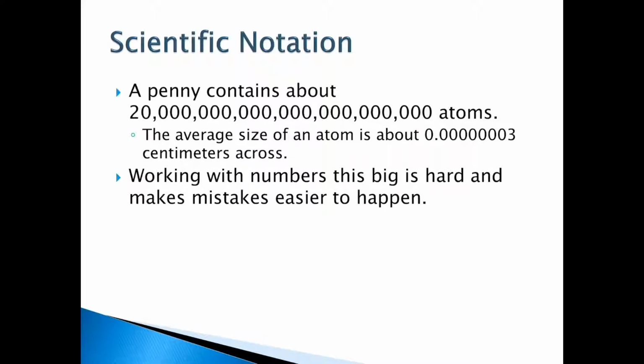So if a penny contains about this huge number of atoms, then the average size of an atom is about 0.000000003 centimeters across. Working with numbers as big as this can be hard and cause us to make mistakes because it's so easy to happen.